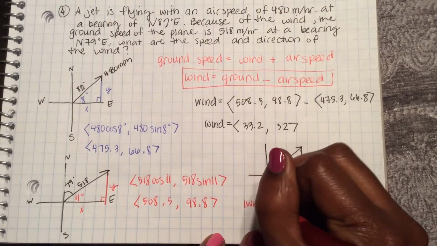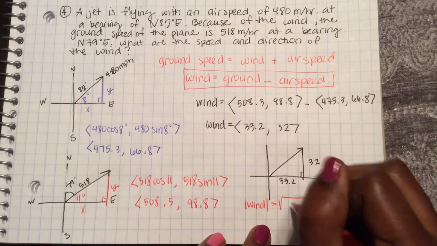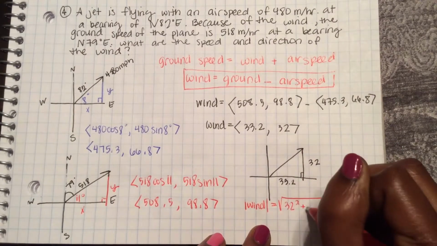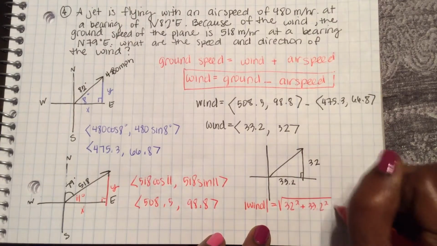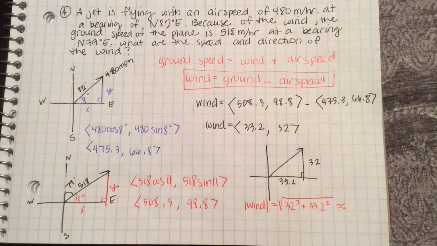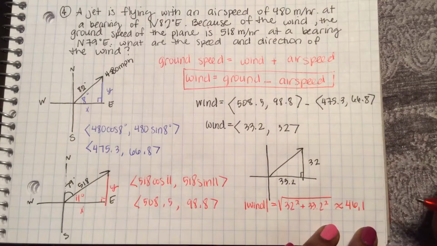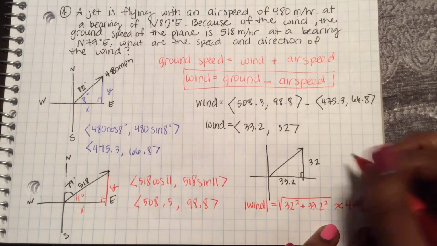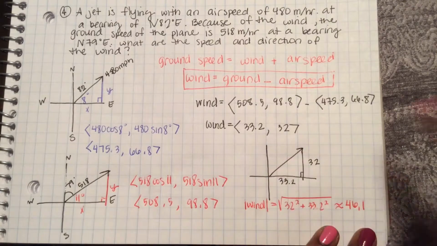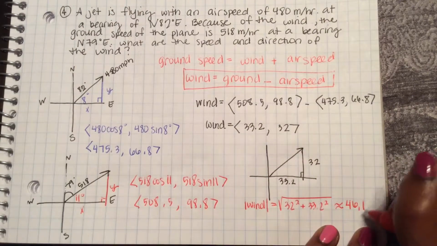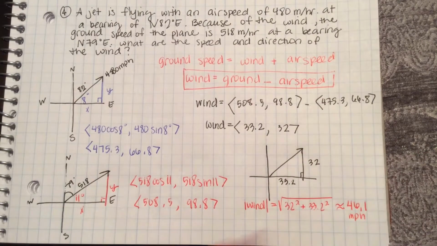So the magnitude of my wind is the square root of 32 squared plus 33.2 squared, which is approximately 46.1. And so that's going to be the speed, 46.1 miles per hour.